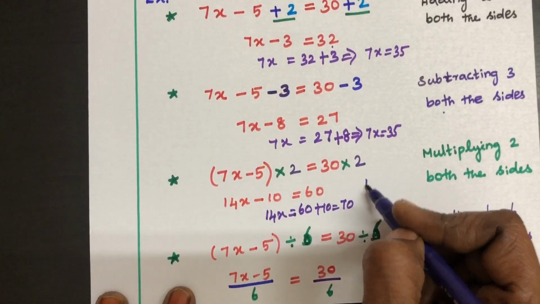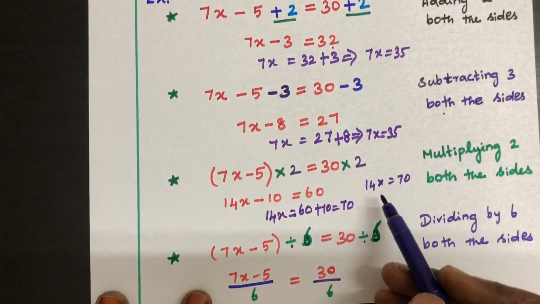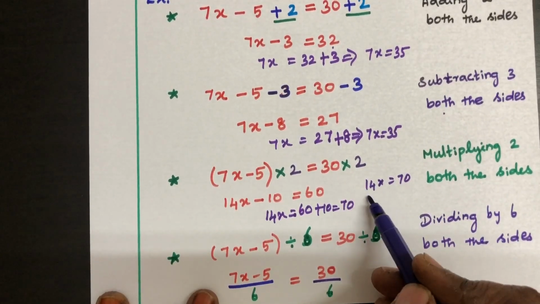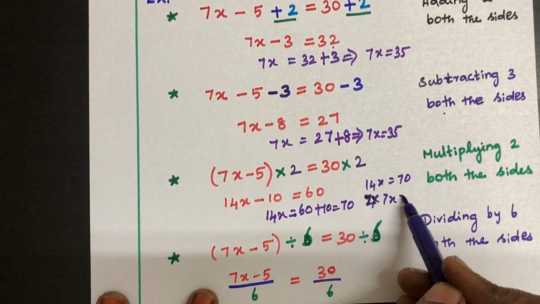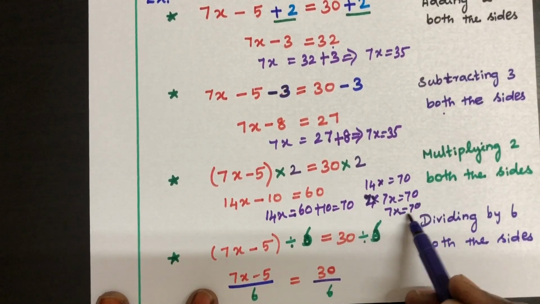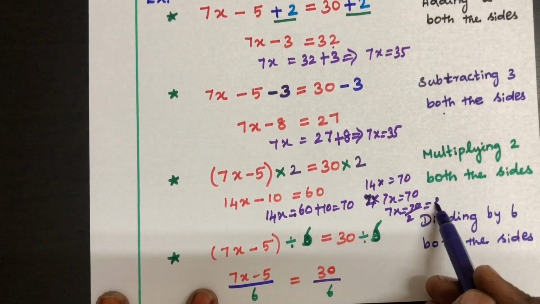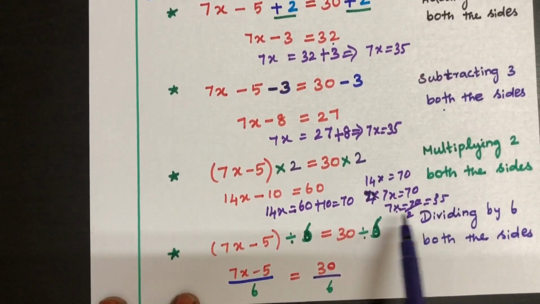Now 14x equal to 70. This is nothing but 7 into 2, so we can write 2 into 7x equal to 70. So 7x equal to 70 by 2, which gives us 35. Same thing, 7x equal to 35. We are getting it here also.